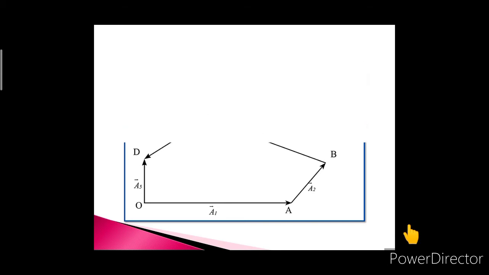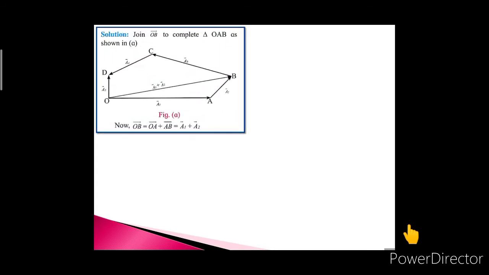To solve it, we are using the triangle law of vector addition. In the figure, vector A1 is given in magnitude and direction by the side OA, which is one side of a triangle. Vector A2 is given by the second side of the triangle, AB.